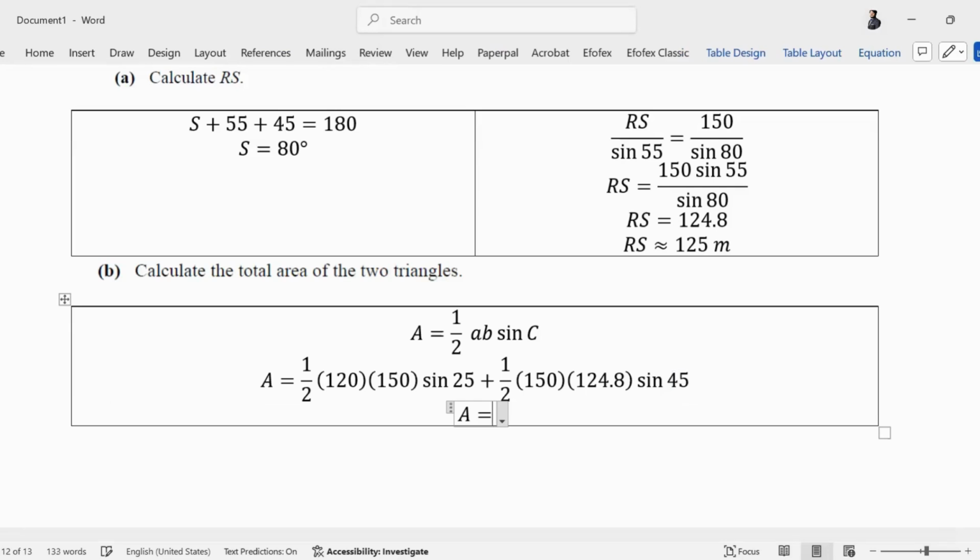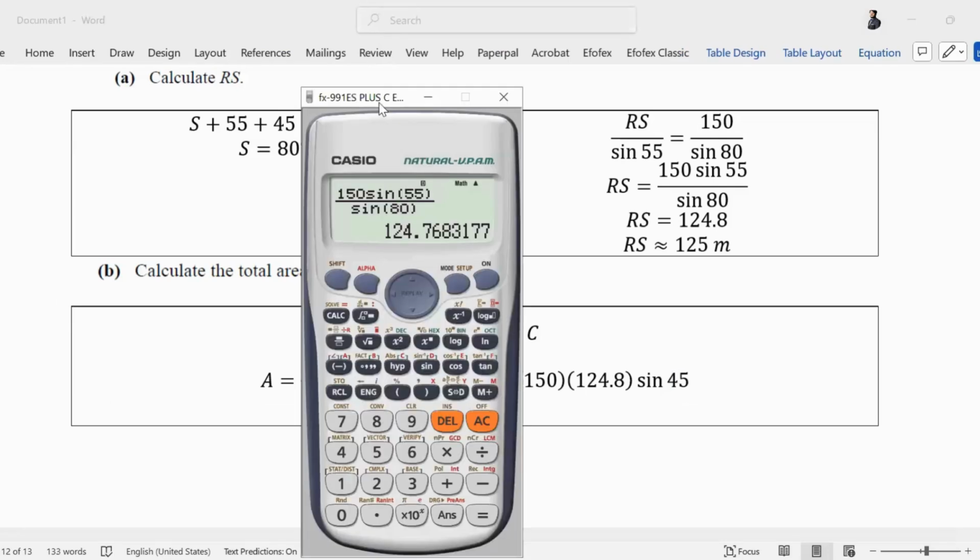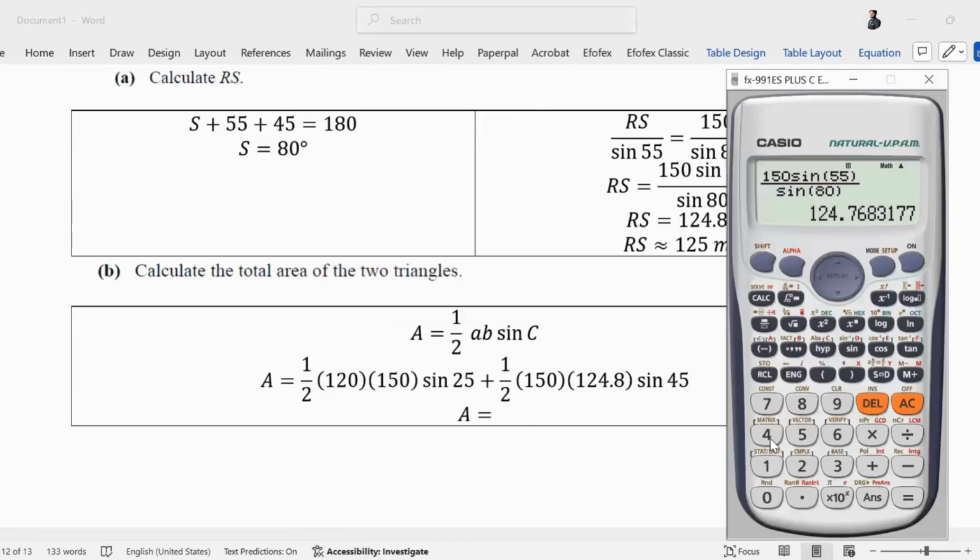Now I can just use my calculator very smartly and very easily. 1/2, I can also write it as 0.5, that will save time, into 120 into 150 into sine of 25. Make sure you close the bracket of sine, plus again 1/2. The calculator will automatically follow BODMAS.